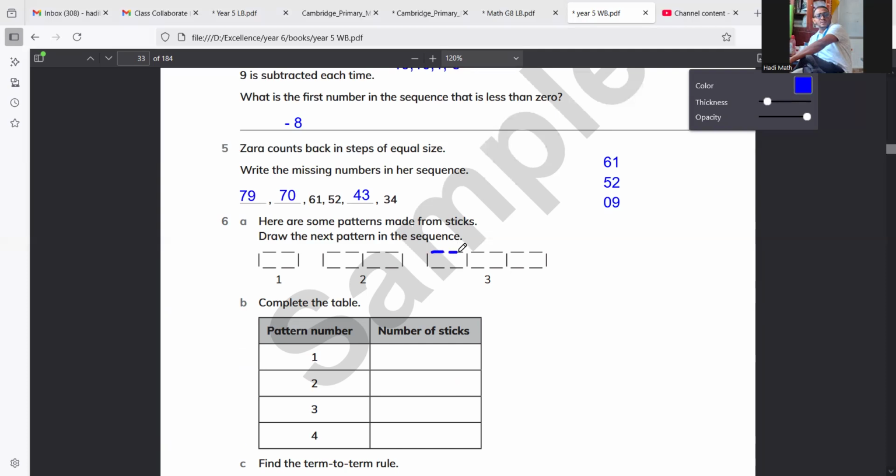And then after that, what? Add another 5 sticks. This is the main idea you have, because the sequence or the pattern goes like that. You have got 4 sticks and 2 play as a width.